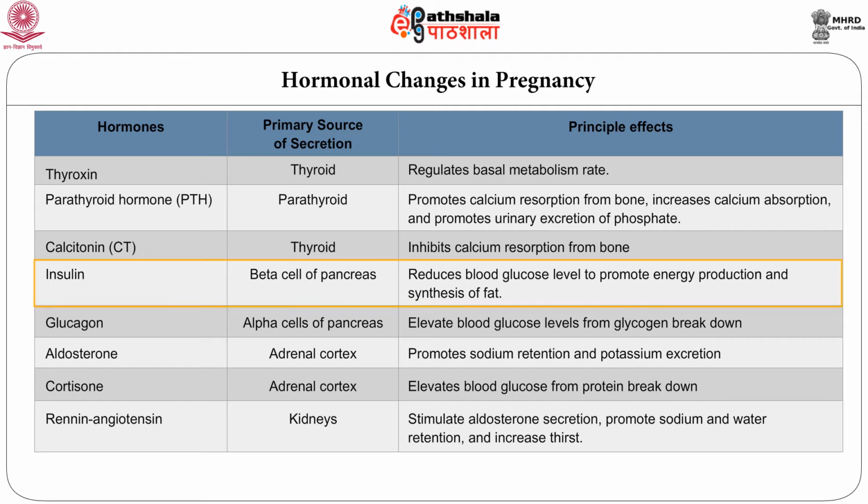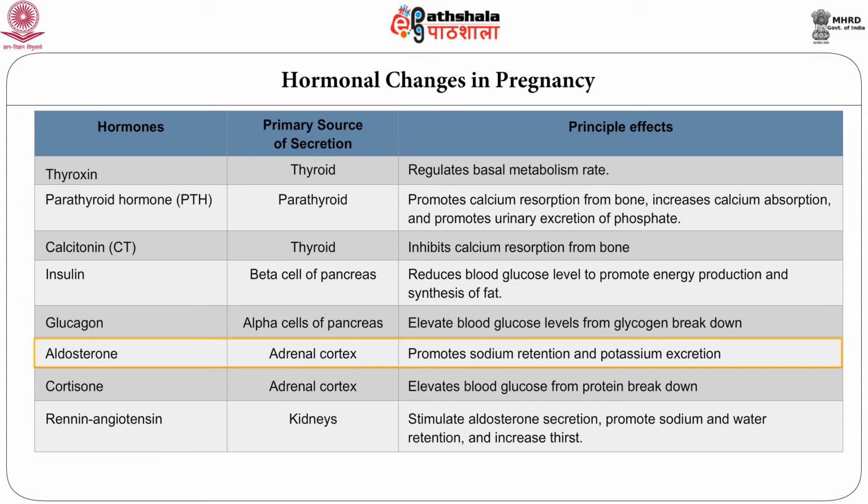Insulin, which is secreted from the beta cells of pancreas, reduces blood glucose level to promote energy production and synthesis of fat. The glucagon, which is secreted in alpha cells of pancreas, elevates blood glucose levels from glycogen breakdown.